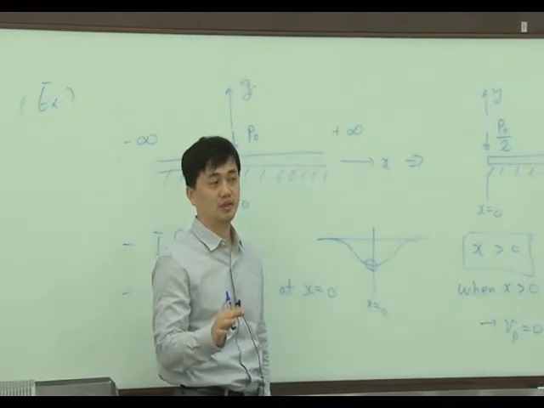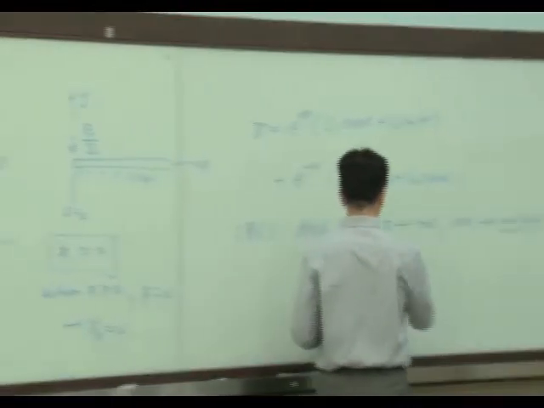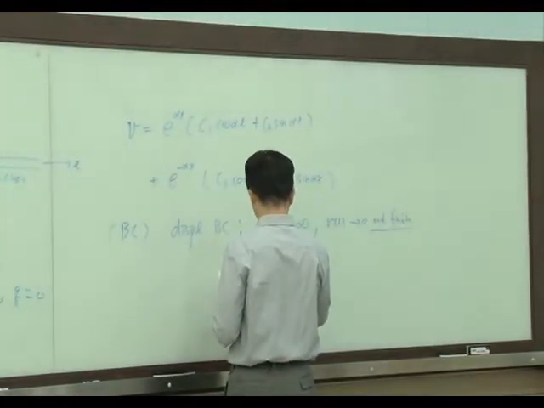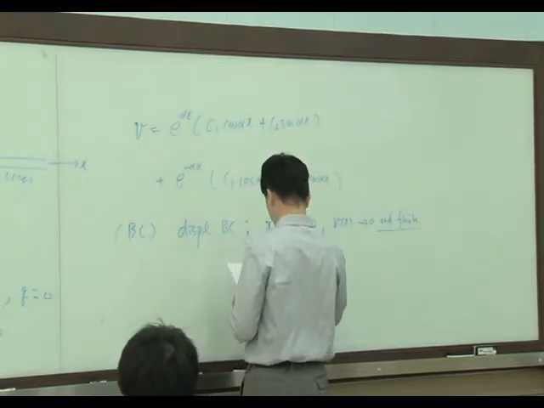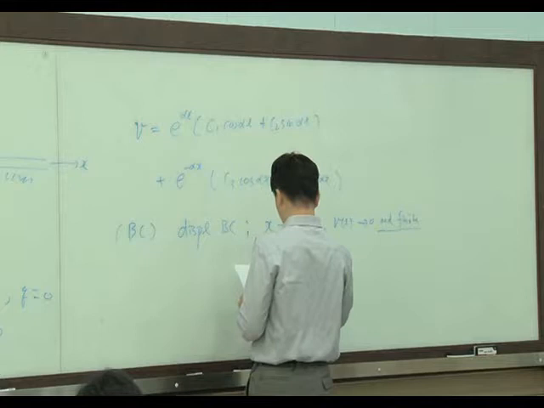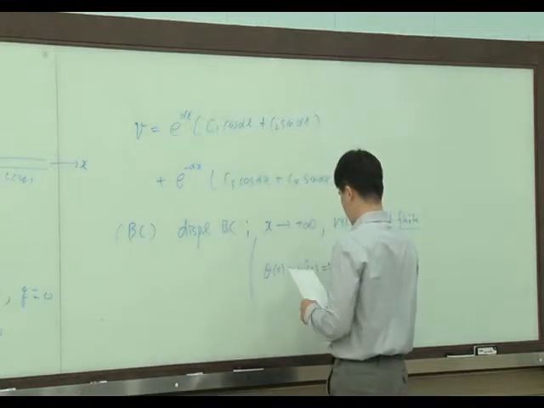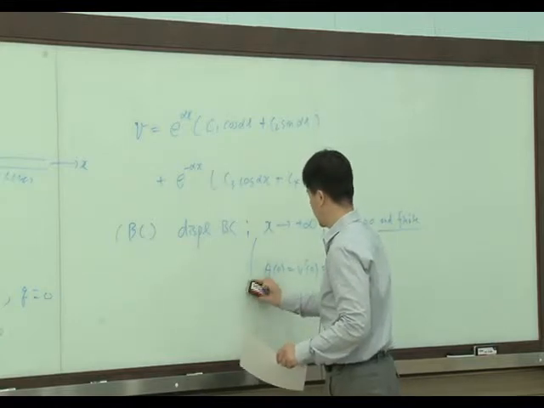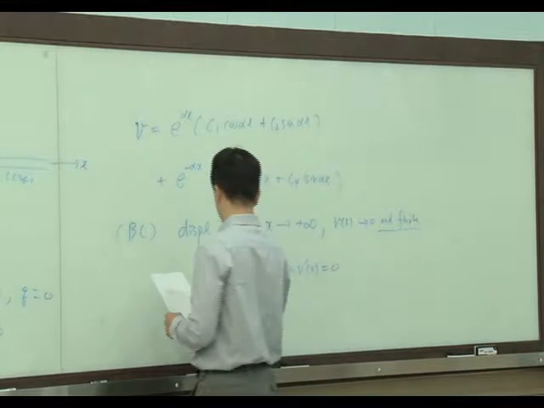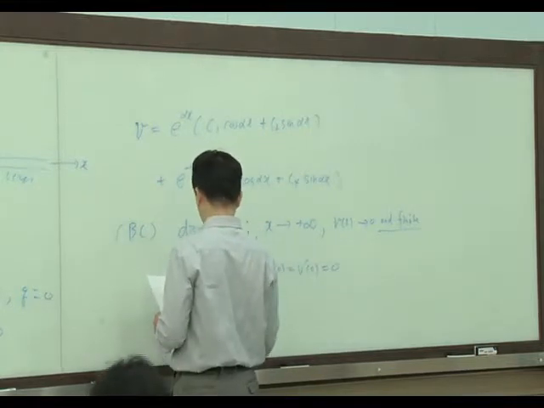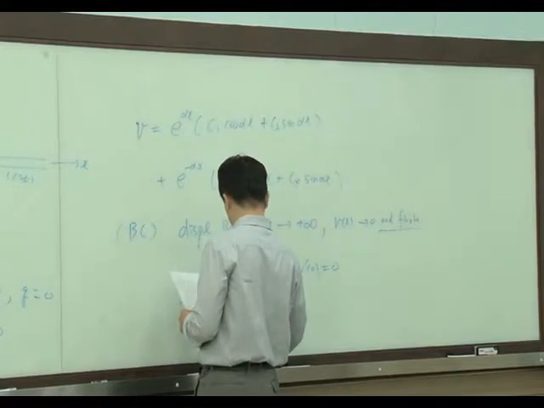No rotation means the slope of the displacement is 0. So rotation theta at 0 equals v'(0) equals 0. This is a displacement boundary condition. And now the force boundary condition. So now we have two boundary conditions, and next the force boundary condition.